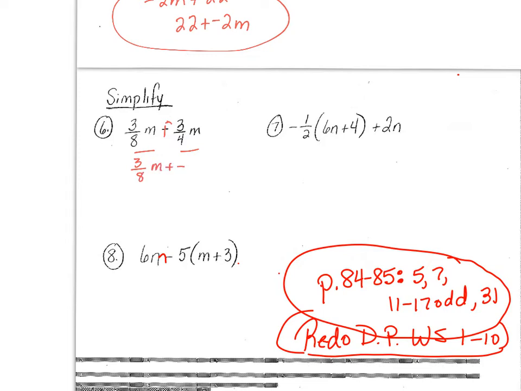Plus I'm going to change this to -something/8 m. Times that by 2, times that by 2, and I get -6. Okay, now what am I really doing? I'm really subtracting them. 6/8 minus 3/8 is 3/8 m. And it's got to keep this one sign, so it's negative.